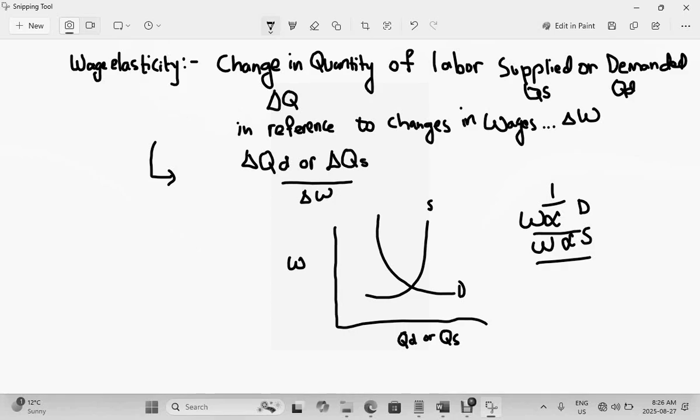Now, when we talk about elasticity, notice the curve for your supply. This is more of an inelastic curve because it's close to that vertical line that we've talked about in the past few videos, and this has to do with infinite inelasticity.